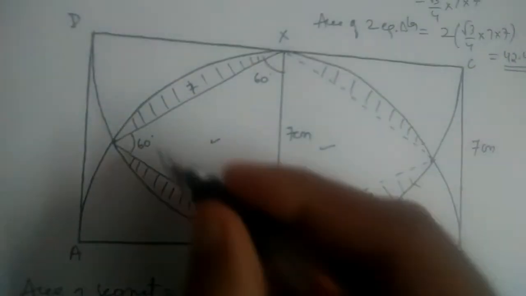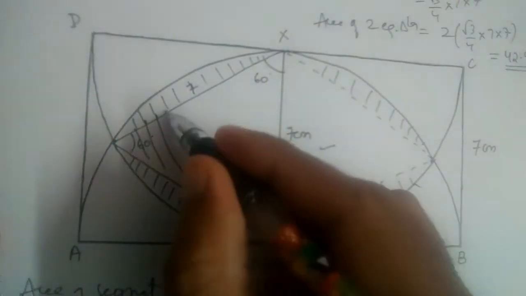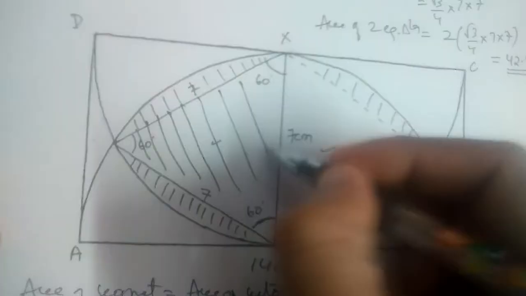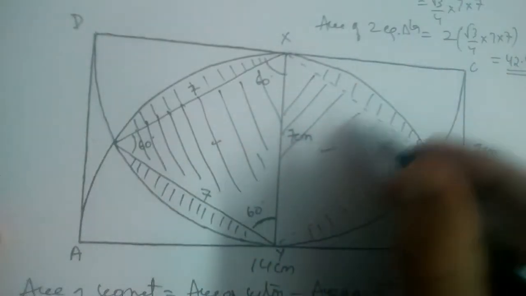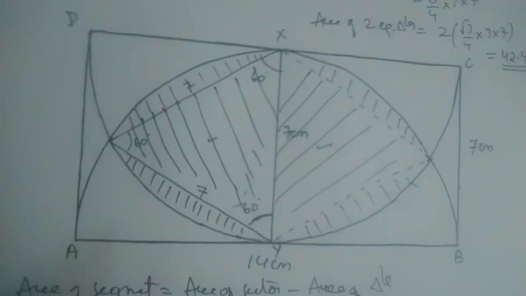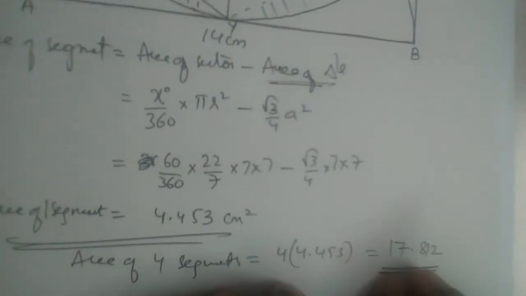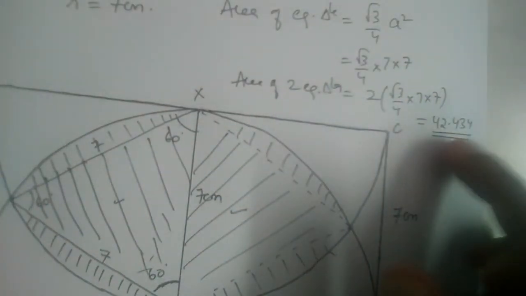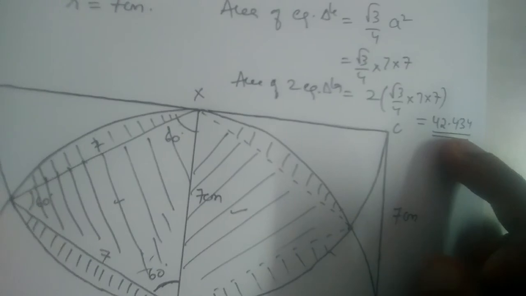Now let me shade this triangle and this triangle. Now what will be the shaded region? The shaded region will be the area of 4 segments plus the area of 2 equilateral triangles.